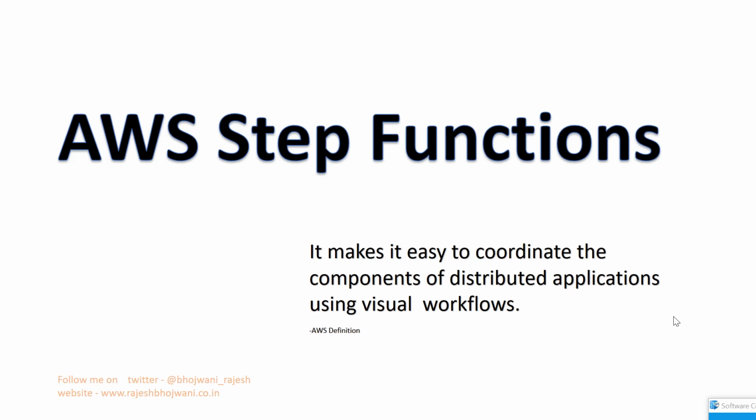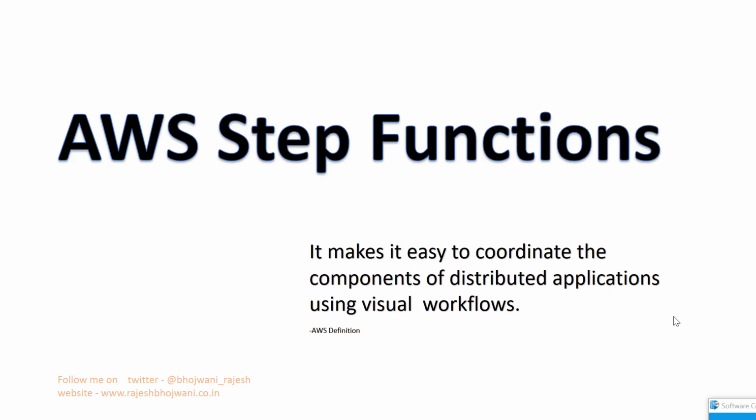In Step Functions, what we do is we write the state machine flow using JSON, and then it equivalently creates a diagram which shows the end-to-end flow, where you can see how your workflow will be running from start to end.